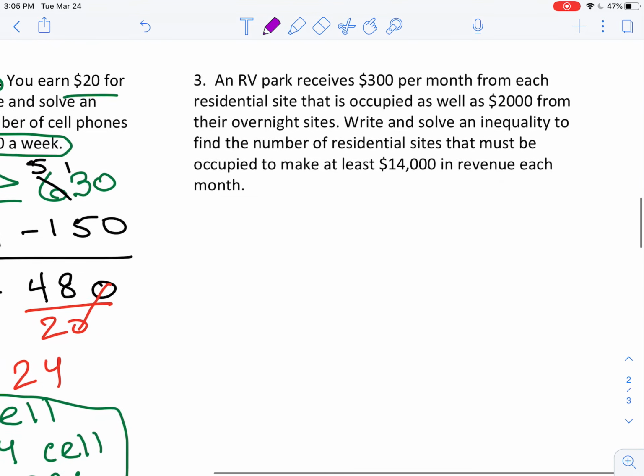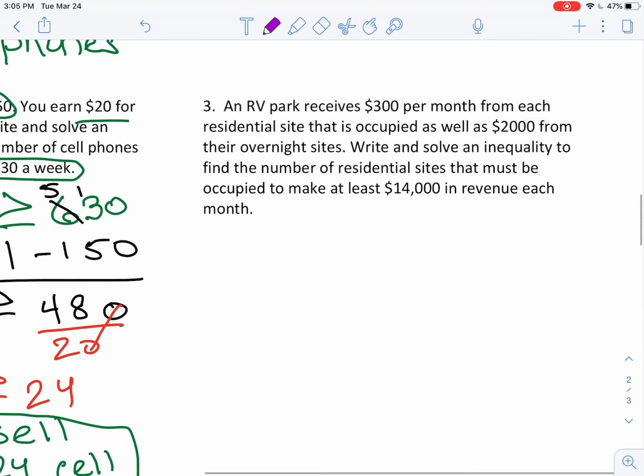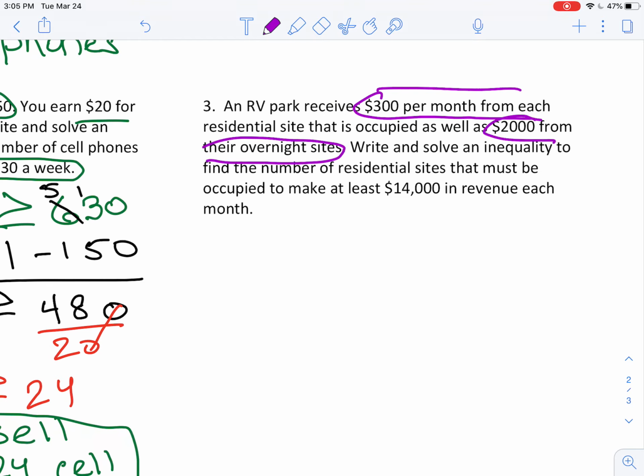All right. We're going to try 2 more for today, and that's it. So let's go over here to number 3. Go ahead of me. You can turn off the video, go ahead of me, then come back and watch it. They receive $300 per month from each residential site that is occupied, as well as $2,000 from their overnight sites.